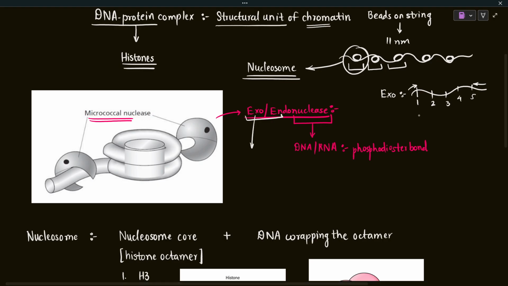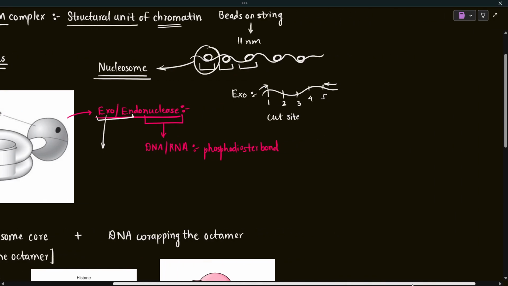So these are the cut sites of an exonuclease. DNA can be cut only in the sequence 1, 2, 3, 4, 5, or it can cleave the DNA at 5, 4, 3, 2, 1, either from this end or from this end. So it can have its activity from 5 prime to 3 prime direction or from 3 prime to 5 prime direction.